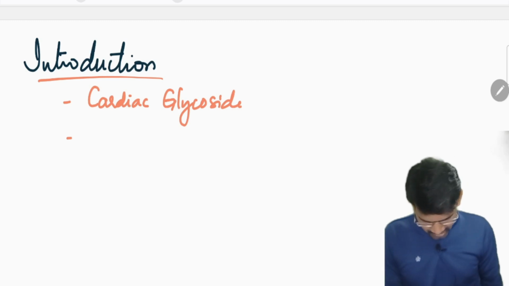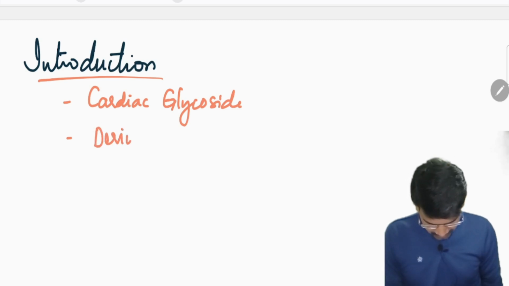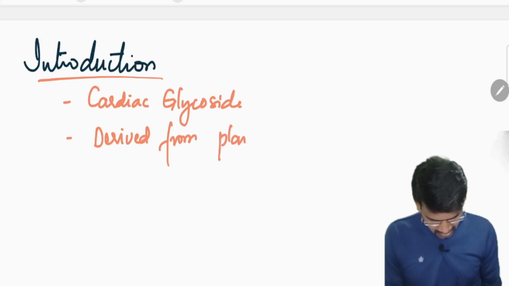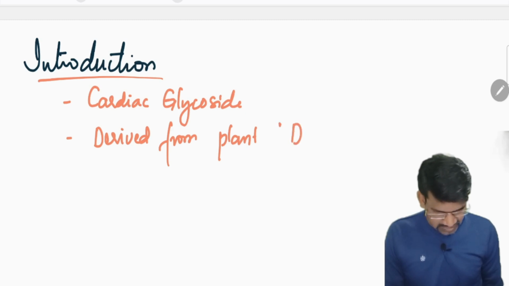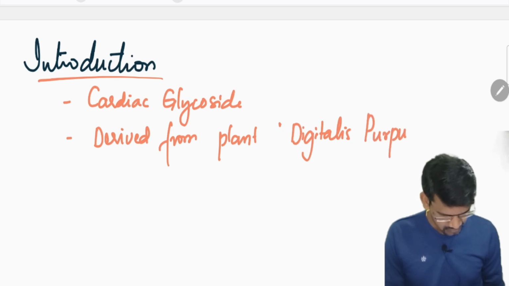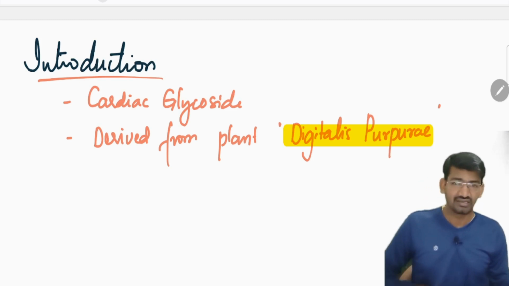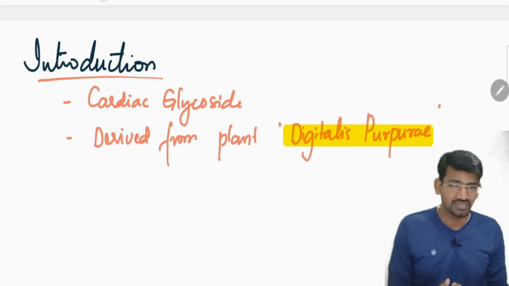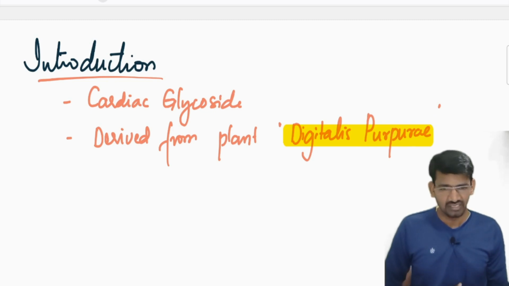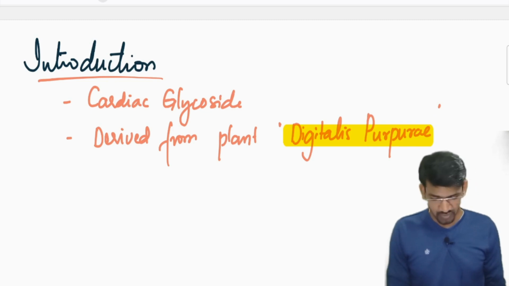It is derived from a plant called Digitalis purpurea. So this digitalis component is a chemical compound which has been taken from this plant source.